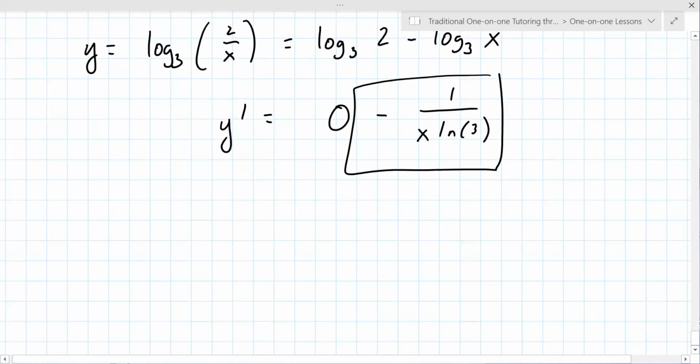Okay. So let's do another one. Let's say f of x equals log base 2 of x over 9. Go ahead and try this one for me, please.